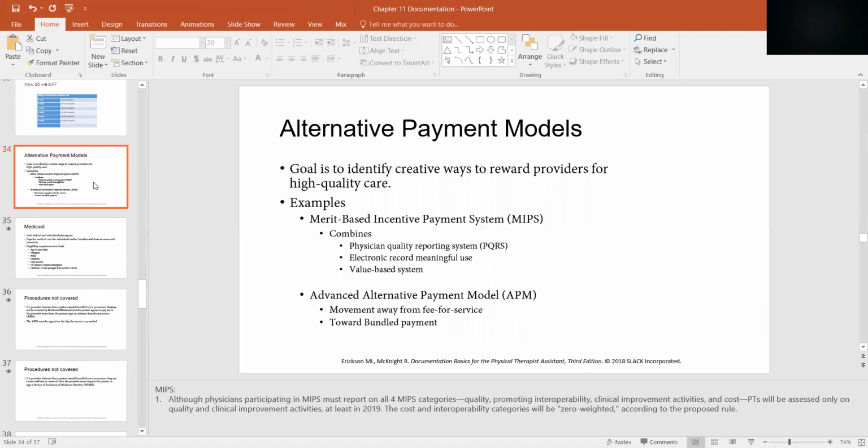The alternative payment models are something on the horizon, and I alluded earlier that things could be changing in the near future for how we are reimbursed. I'm just going to give you a little information on them now. One example is a merit-based incentive payment system.